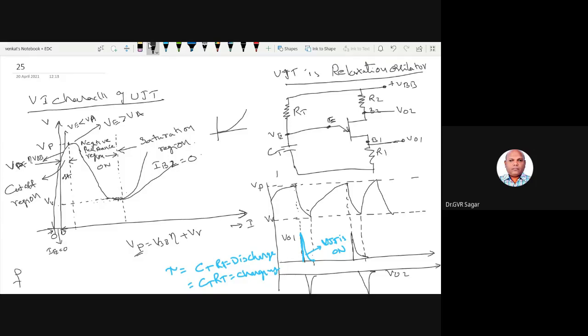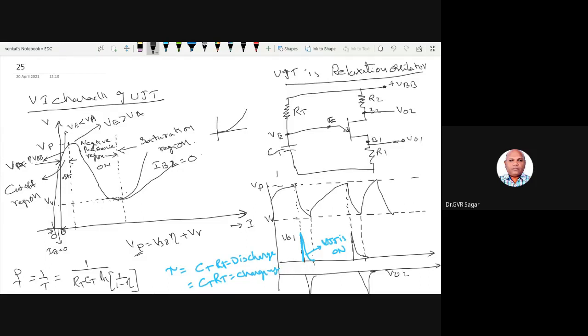The frequency of oscillations can be given by 1 by T, which is equal to 1 by RT into CT, the charging time constant, into log of 1 by 1 minus eta, right?